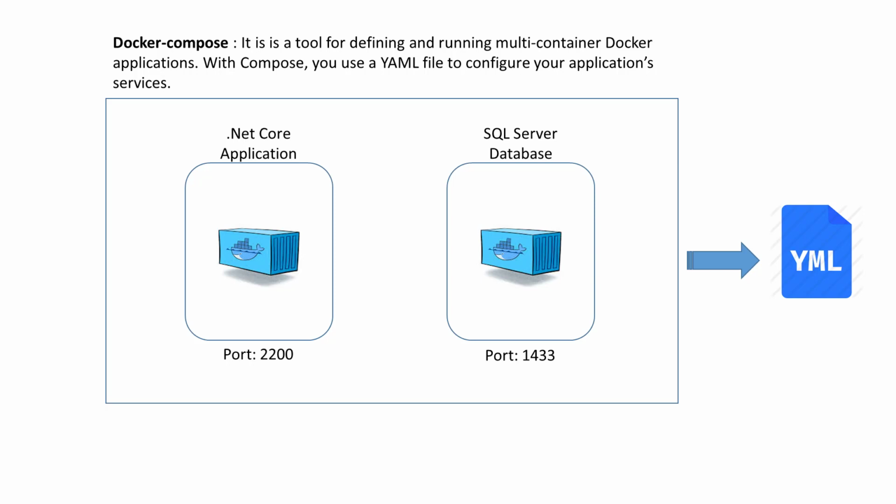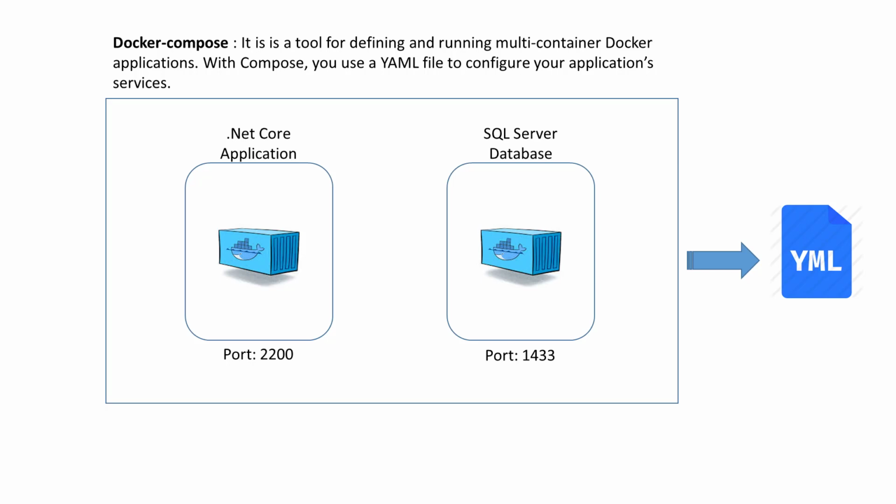Then what is Docker Compose? It is a tool for defining and running multi-container Docker applications. With Compose, you use a YAML file to configure your application and services. Basically, Docker Compose runs in three separate processes. The first process, we define the app environment with a Dockerfile so it can be reproduced anywhere.